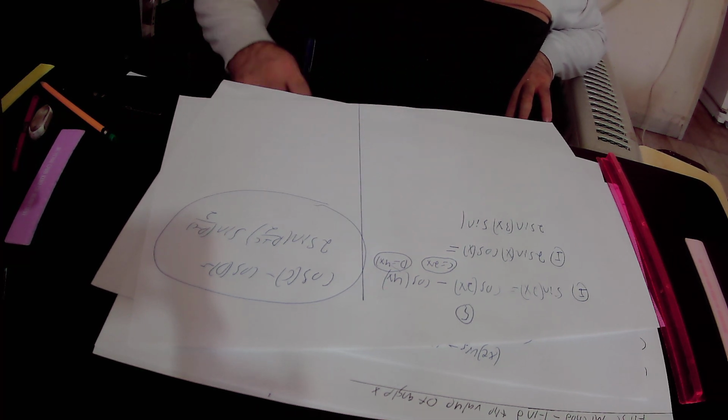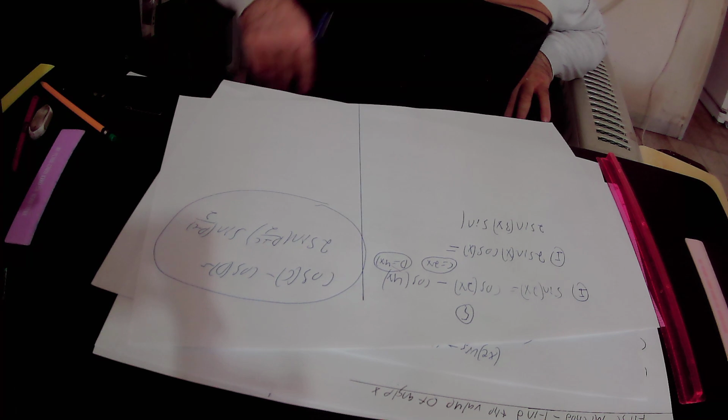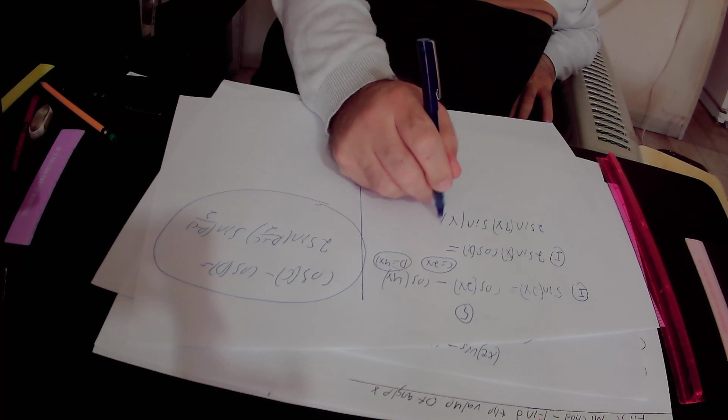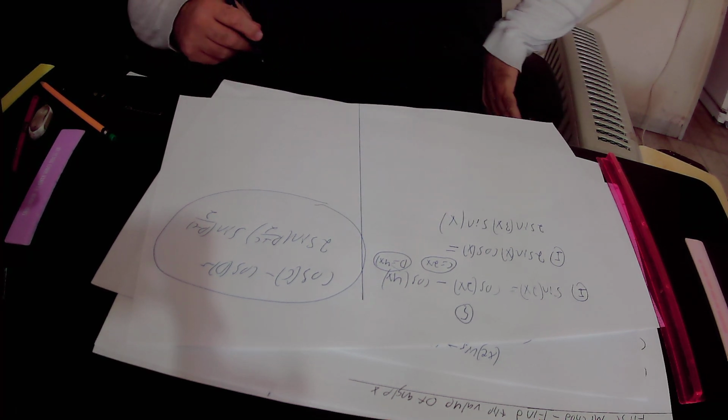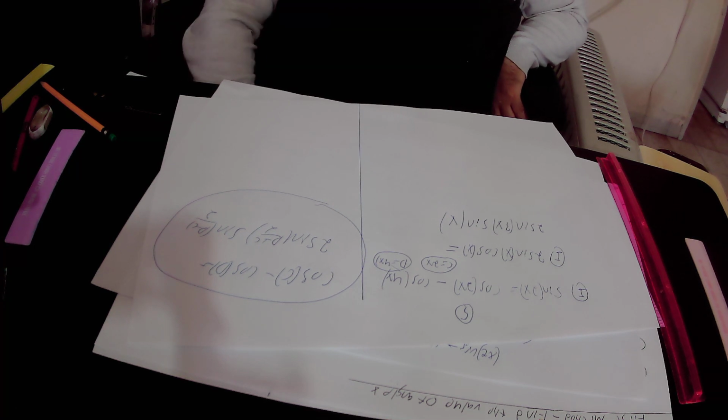Here D is 4x and C is 2x. So D minus C is 4x minus 2x, which is 2x, and 2x over 2 is x. So in conclusion, we found out that 2 sine x cosine x equals 2 sine 3x times sine x.